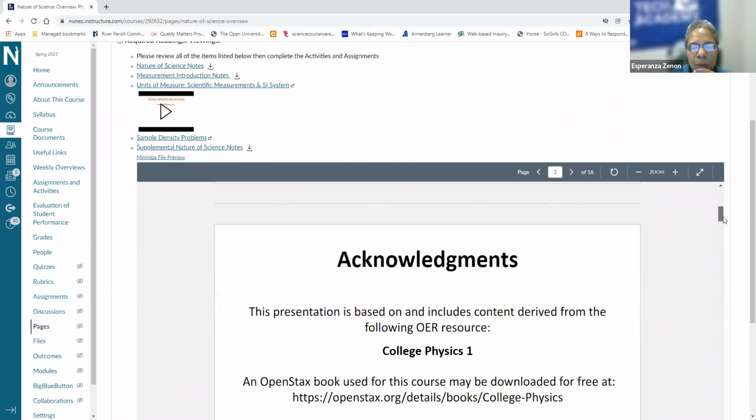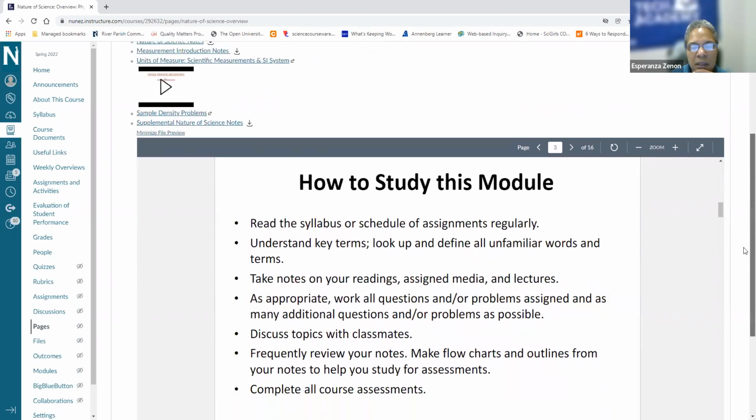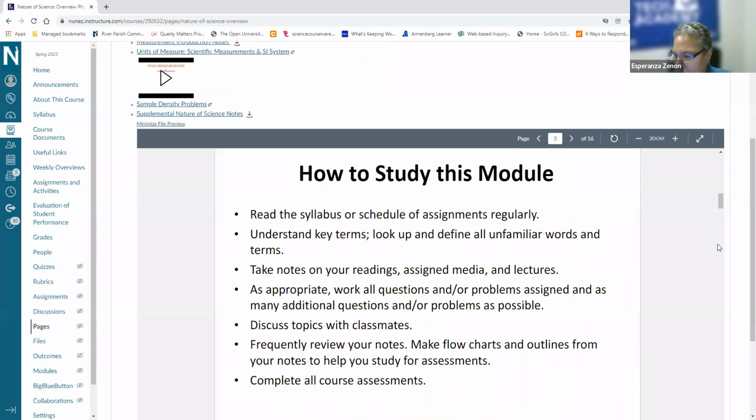One of the important things that I often key on in my notes is this whole how-to-study section, because I recognize that this is a science course. It has some unique challenges, and a lot of times students struggle because they don't quite know how to approach this material.